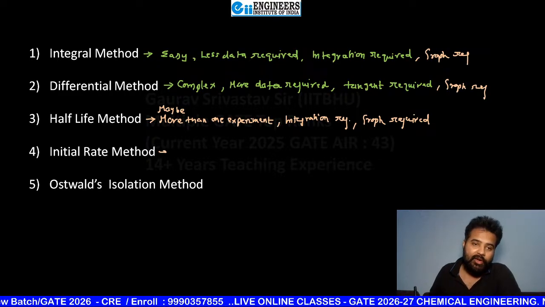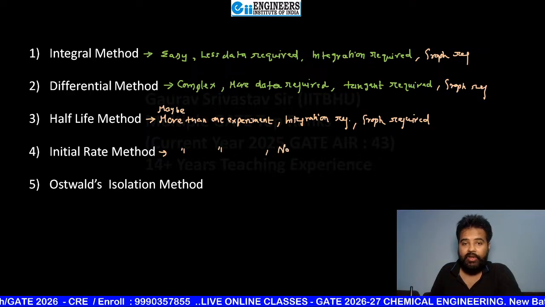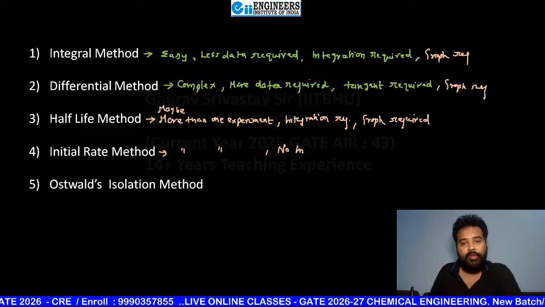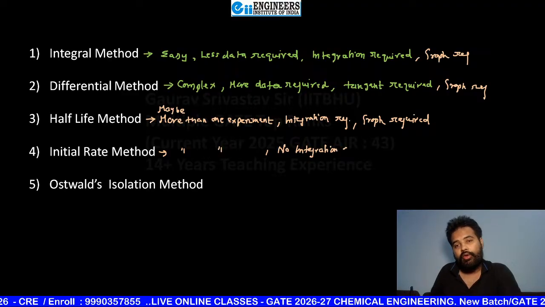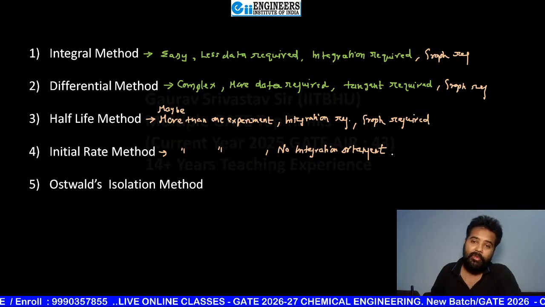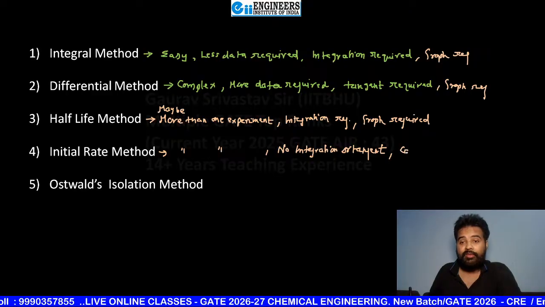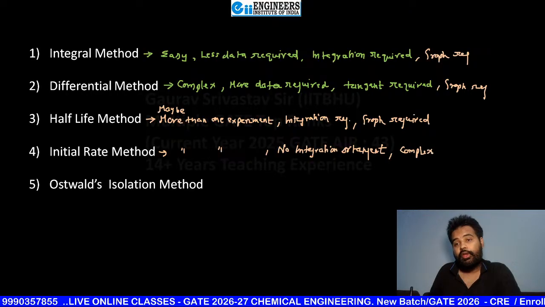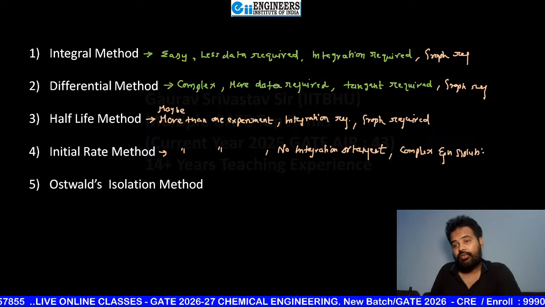Okay, initial rate method, again more than one experiment required. But no integration or differentiation required. No integration or tangent required. This is good here. It is a good thing from here. But maybe complex equation solution required. This is a limitation.